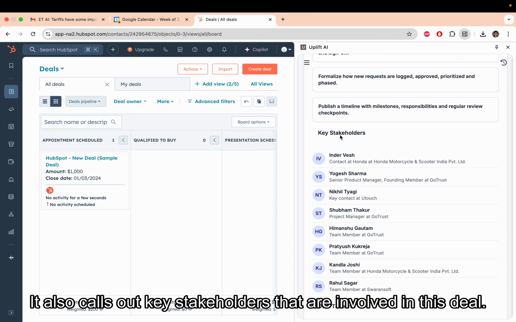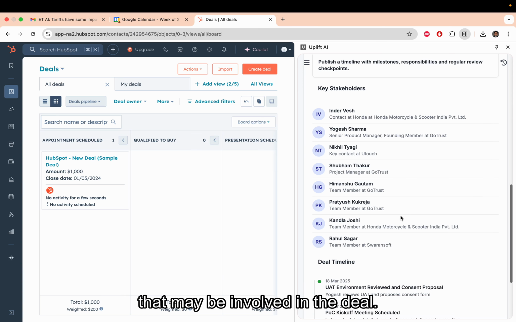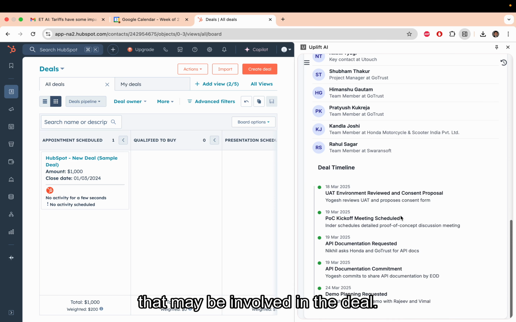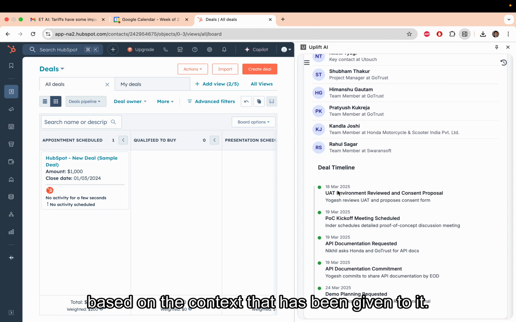It also calls out key stakeholders that are involved in this deal. It identifies stakeholders from the customer side, from the vendor side, and any partners that may be involved in the deal. It also publishes a quick deal pipeline for me to understand key movements in the deal based on the context that has been given to it.